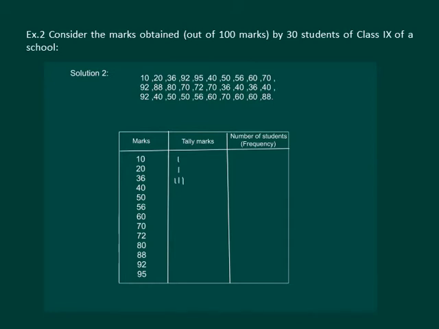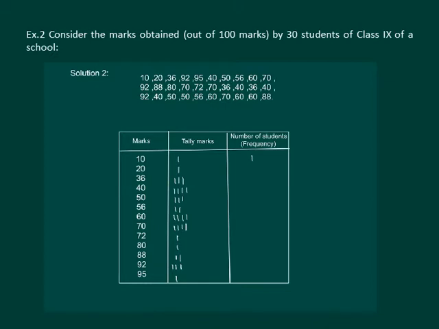Likewise, we complete the tally mark table. Now, the tally mark table helps us to complete the frequency column. Only one student got 10 marks, so the frequency of students getting 10 marks is 1.